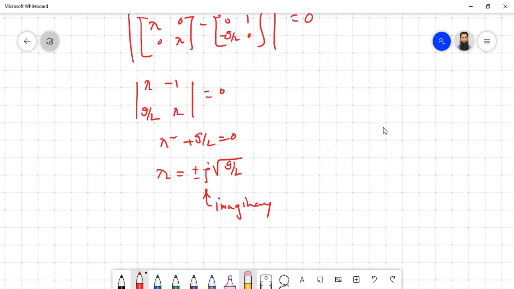So if there is no energy dissipation, the interpretation of this is that around the equilibrium point, the origin, you will always have a circular motion. Something like this. So this is what it is going to be like. I think I also have shown you how to find the direction.